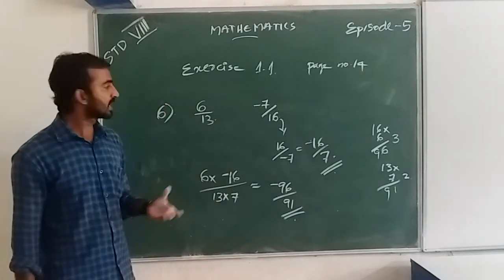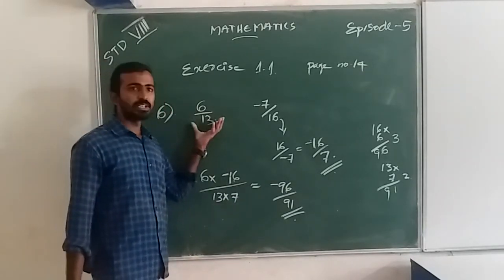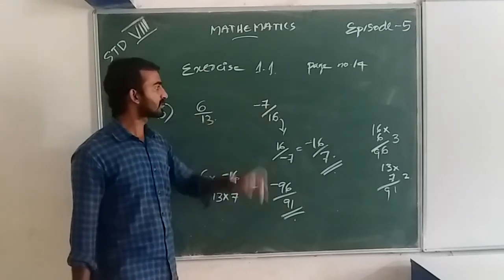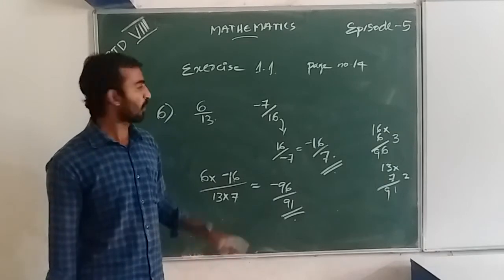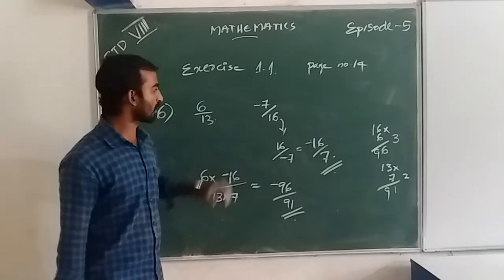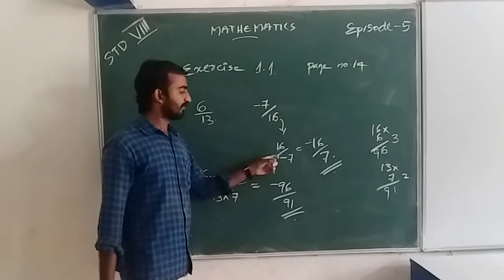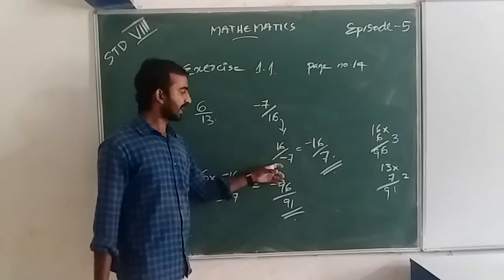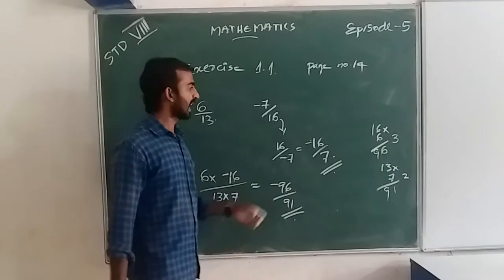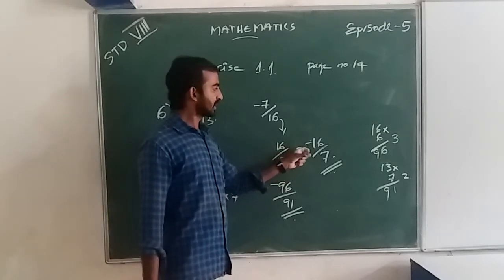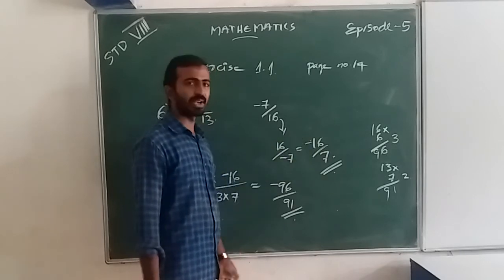Because what is the question? 6 by 13 is multiplied by the reciprocal of negative 7 by 16. For the answer, we first take the reciprocal of negative 7 by 16. We get 16 by negative 7, and when we rewrite, negative 16 by 7.